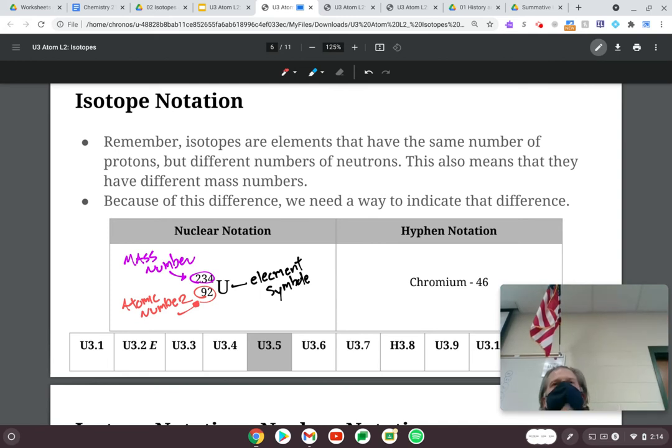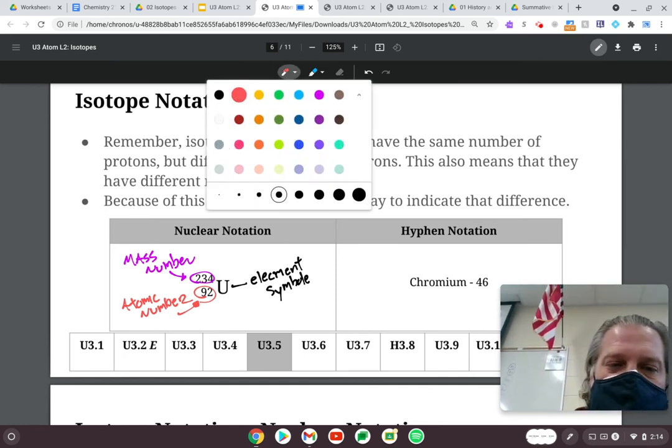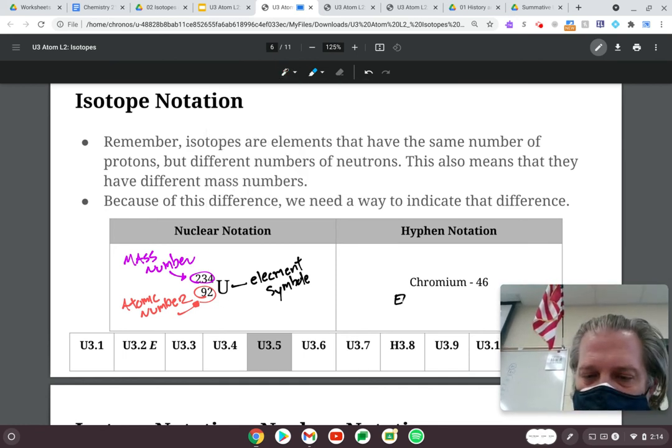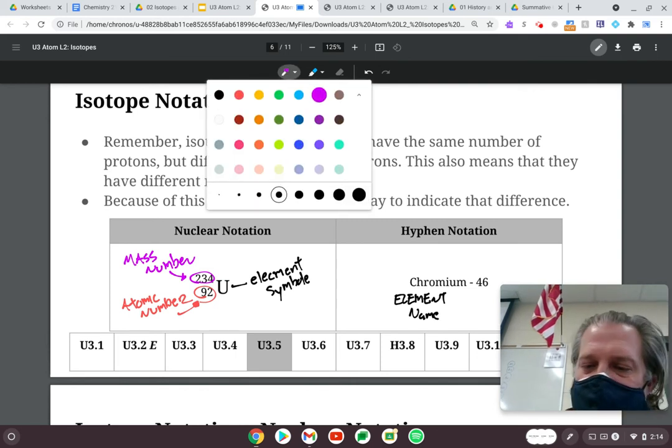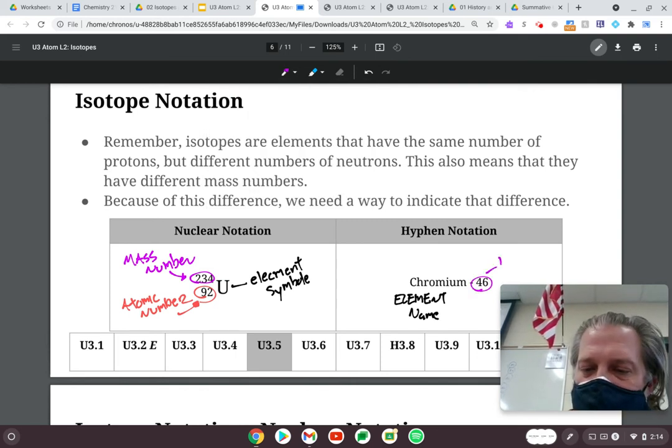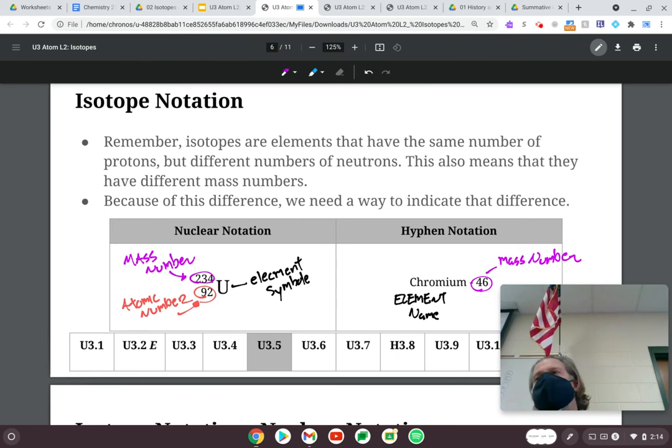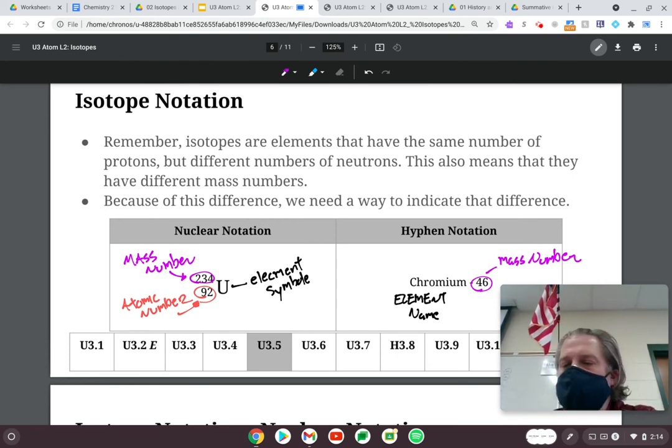And so that's a nice little package for how we keep track of what goes where. In the hyphen notation, we have the element name written out, and we have the mass number. And so we're going to have a little bit of practice with that with each of these options.